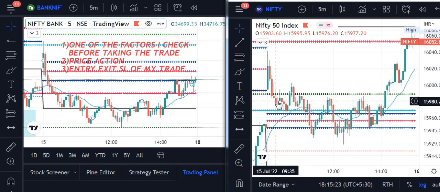That conflict leads to hitting the stop loss, or it may take more time to reach your target. In case you are a buyer on Thursday, which is the expiry day, you may face a lot of theta decay. So make sure that both the indices are moving in the same direction. If at all it is not in the same direction, wait till both the indices come to the same direction and enter at an appropriate location.